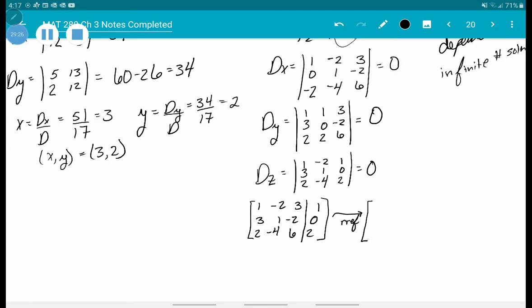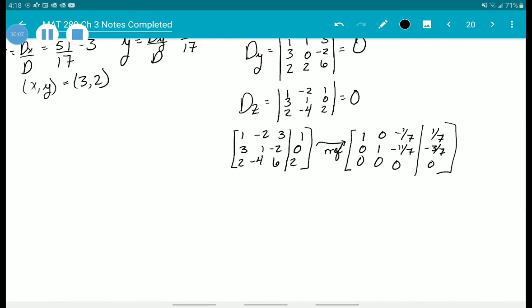So if we were to pop this guy into the calculator, or if we did it by hand, we would get the same thing. So there's our RREF form.